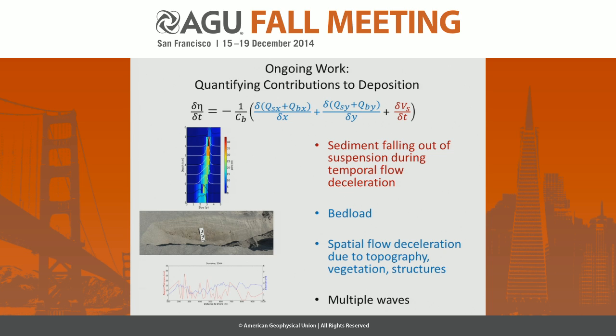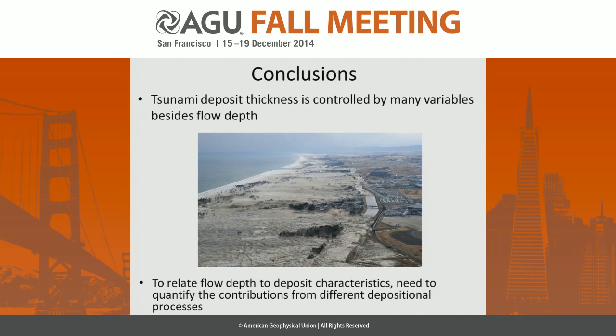And now to return to the original goal of improving tsunami hazard assessment by developing the ability to quantify tsunami wave magnitude from a deposit, I would suggest that it's going to be important to be able to quantify the relative contributions to deposition of all of these important processes to achieve that goal. And so that's what we're going to be working towards with our data set now. Thank you.